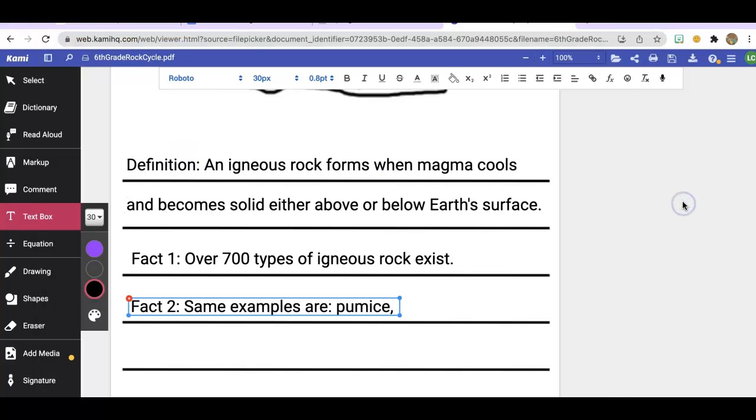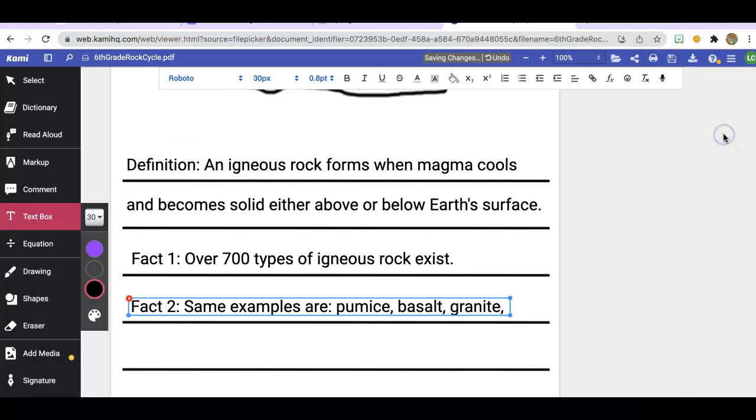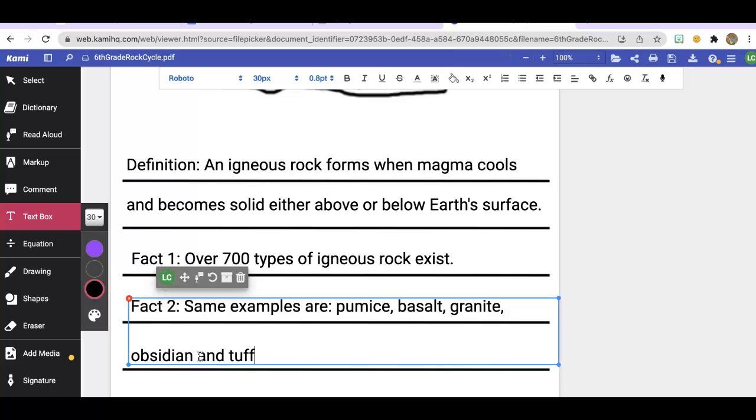Pumice, basalt, granite, and they're not in the exact order, but that's okay. Obsidian, and tuff.